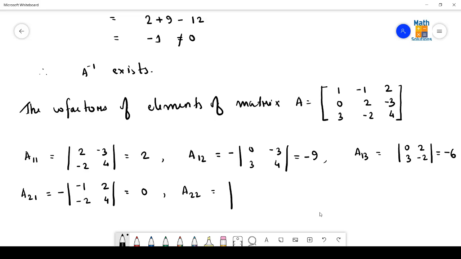The sign convention will be positive, of course. So 1, 2, 3, 4 I get here. Then 4 minus 6, the result will come as minus 2. Then after A23, it will be negative of 1, minus 1, 3, minus 2, and the answer will be minus 2 plus 3, which is ultimately minus 1.